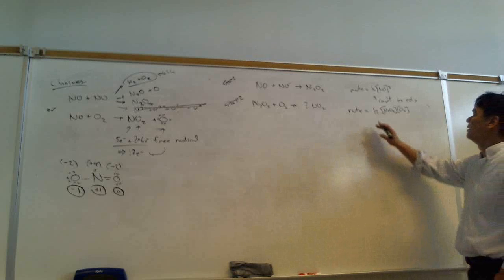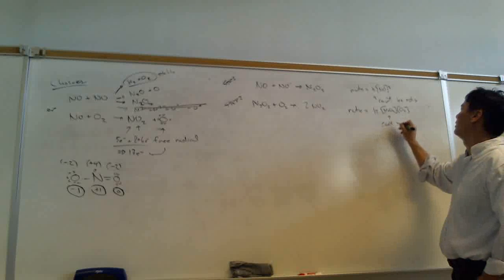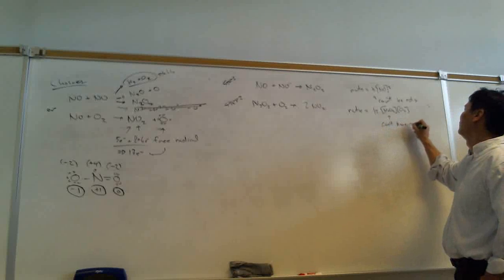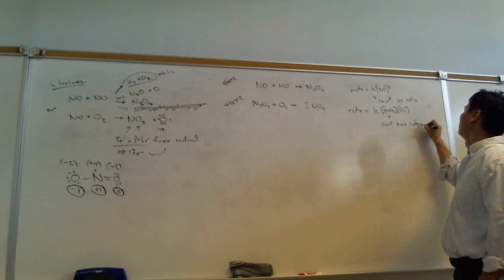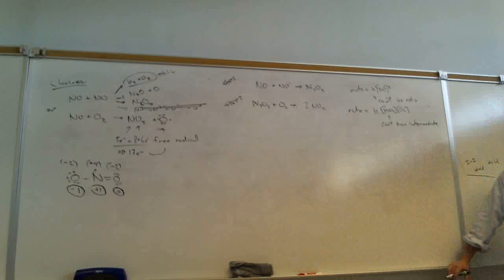But when we look at this, we can't have an intermediate in our rate law. Let's say I wanted to double the intermediate concentration, it's hard to do that because we aren't adding it.